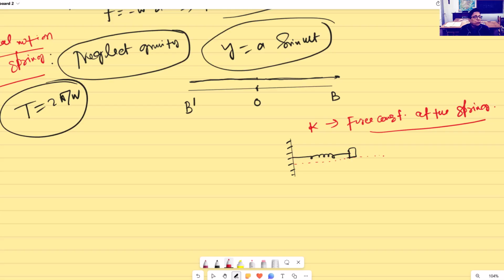K is the force constant of the spring. And suppose a mass m we have attached here, and it is resting on a horizontal surface. This particle of mass m is tied at the end of a spring of force constant k and is resting on a horizontal surface which is frictionless.